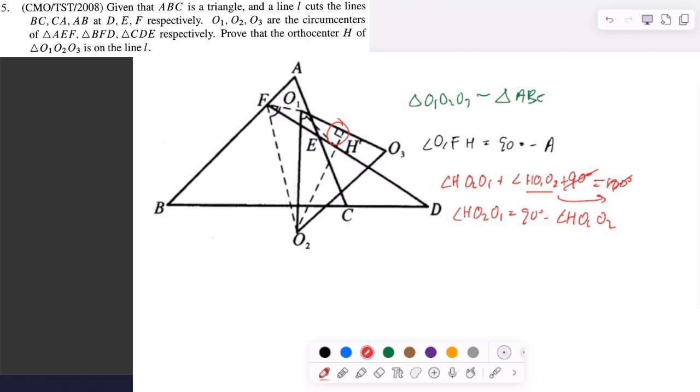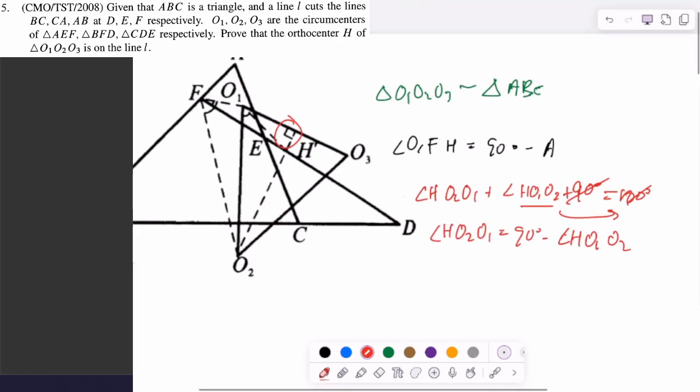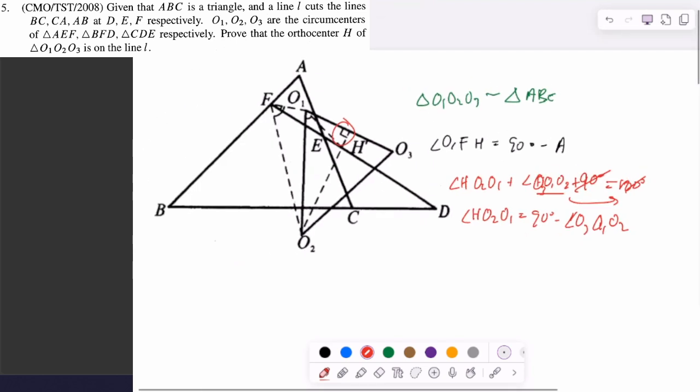Well, not HO1O2, it's O3O1O2. Sorry. So angle O3O1O2. Yeah, because H is here, sorry, I messed it up.